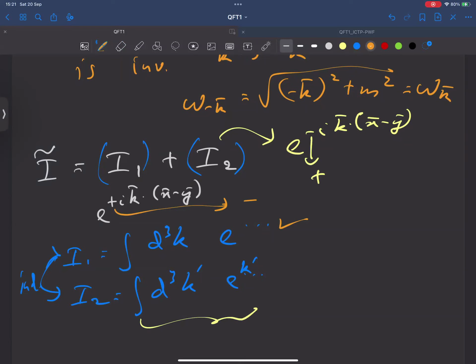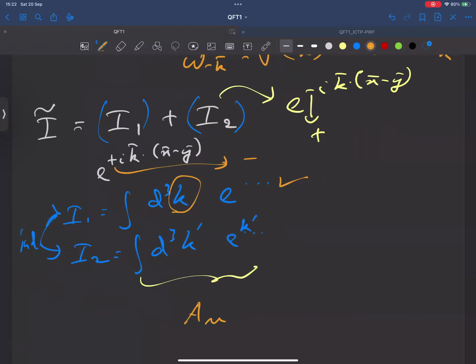If you relabel both of them, you will again get the same integral with opposite signs. But that will not help you to solve the problem. In order to solve the problem, you relabel one of them. And why is that step justified? Because these two are independent integrals. You're integrating over the whole three momenta. So this label of three momenta is like a dummy index.